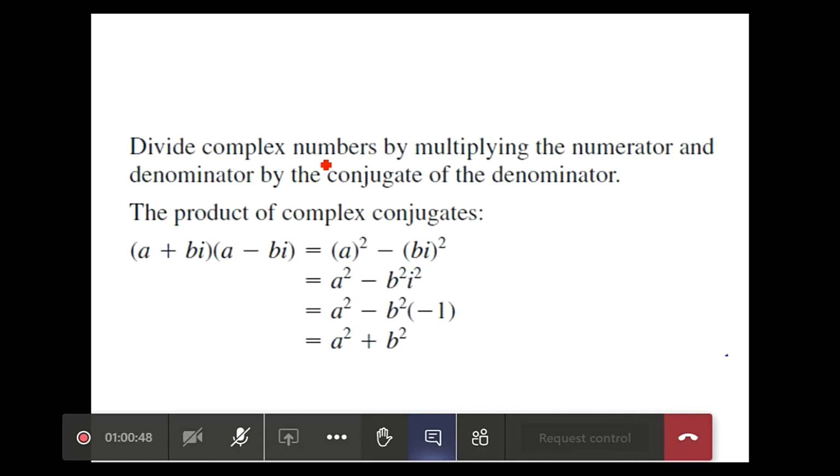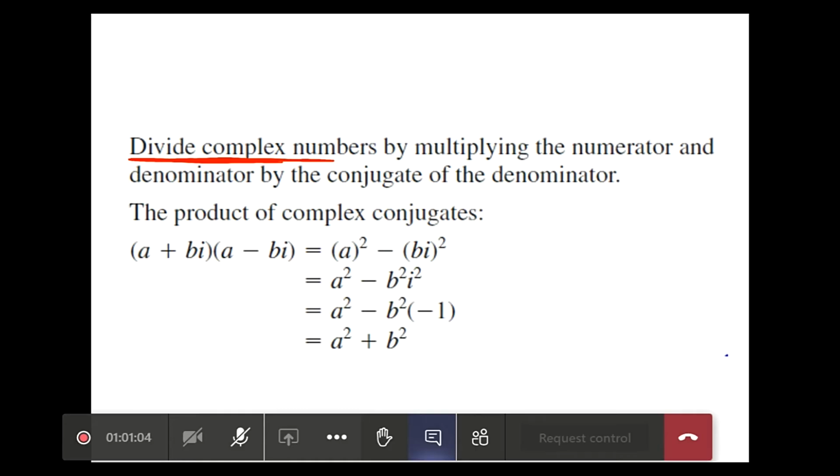Okay, if we need to divide complex numbers, we must study the subject called the conjugate. Okay, what's the conjugate?